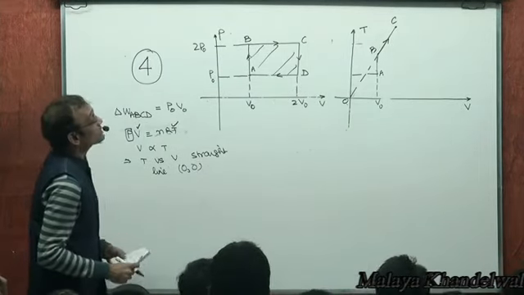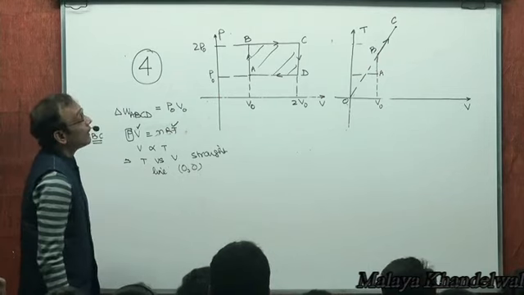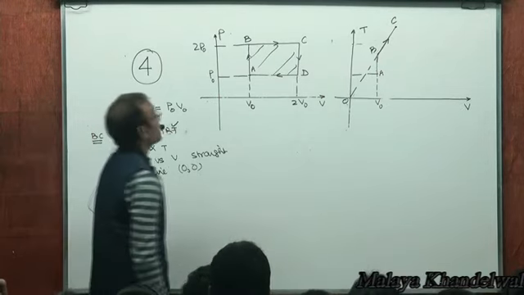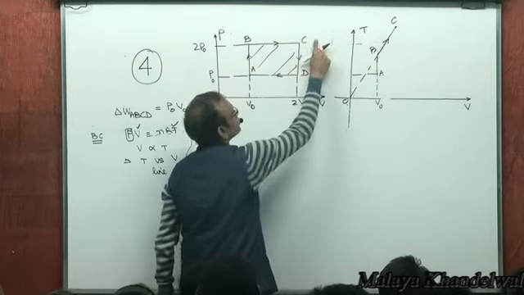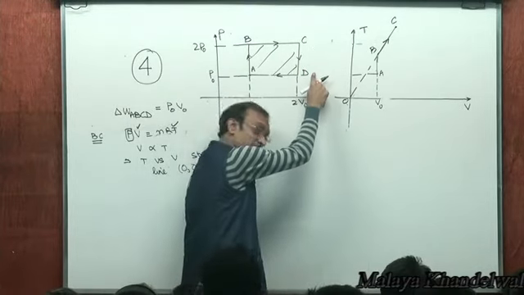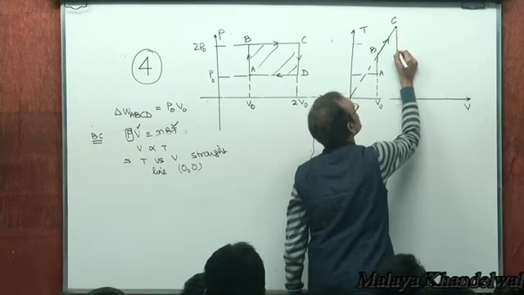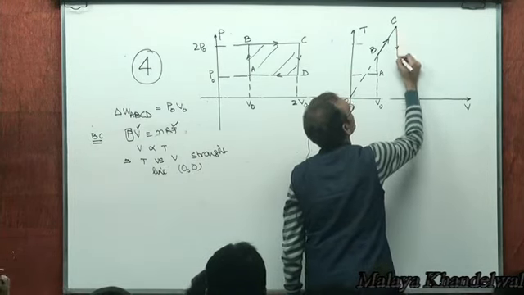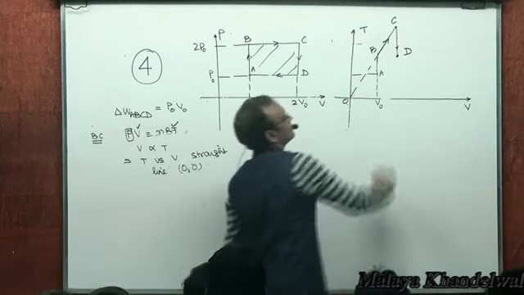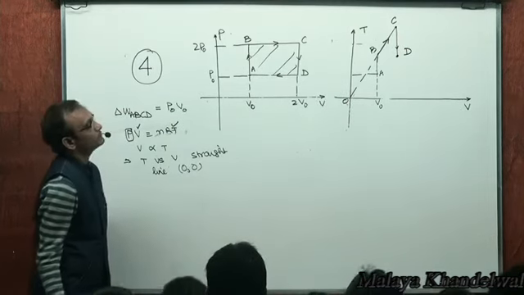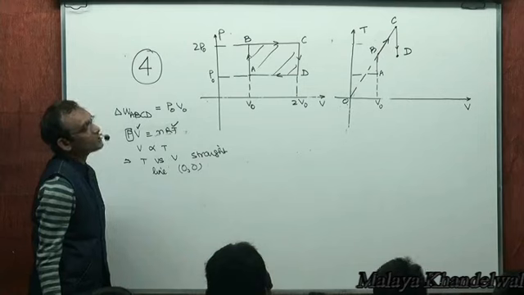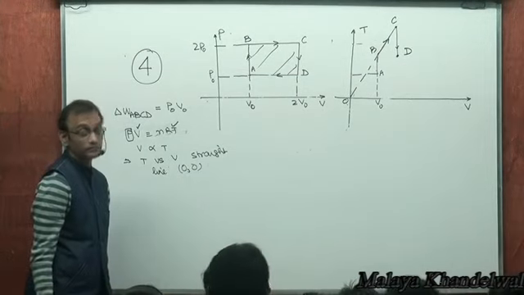Now from C to D, again a constant volume process, and pressure is decreasing, so temperature will decrease, right?